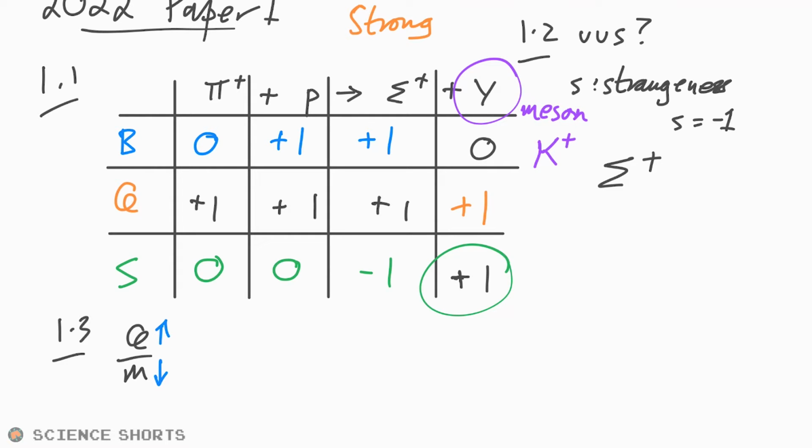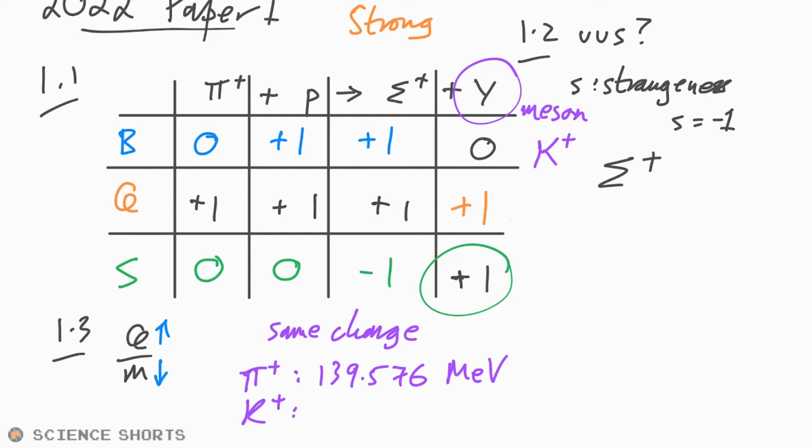We're not too concerned about that. So we're going to have to look at the masses, aren't we? And we are going to have to look at the formula sheet, actually, because we're going to need to know the masses. It's not very often that we have to look at the masses of mesons. So we can see that a pi plus has a rest energy, that's just mass turned into energy, of 139.576 megaelectron volts, whereas the K plus is, oh, that's quite a bit bigger.